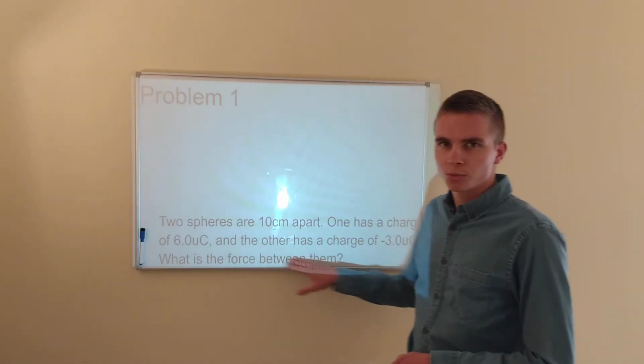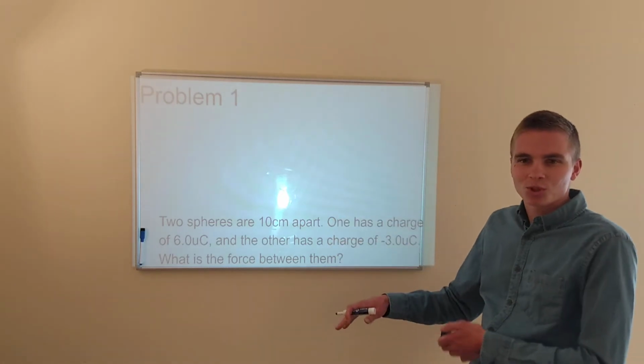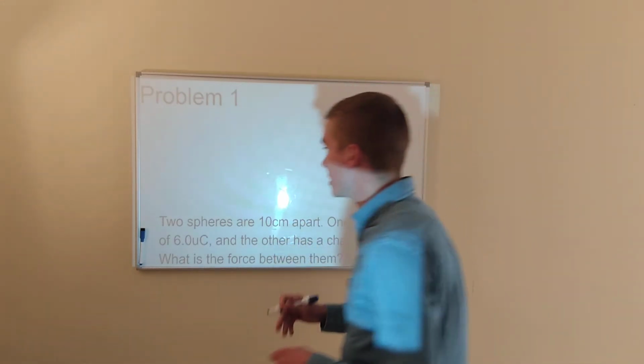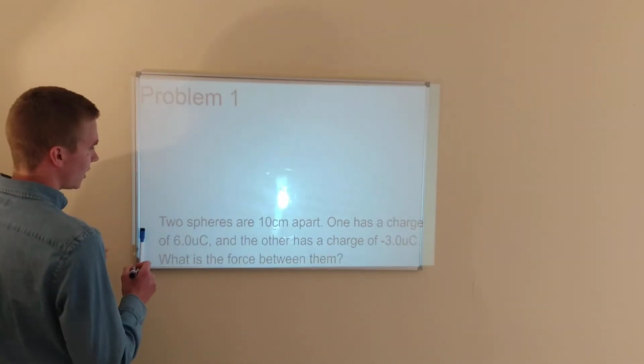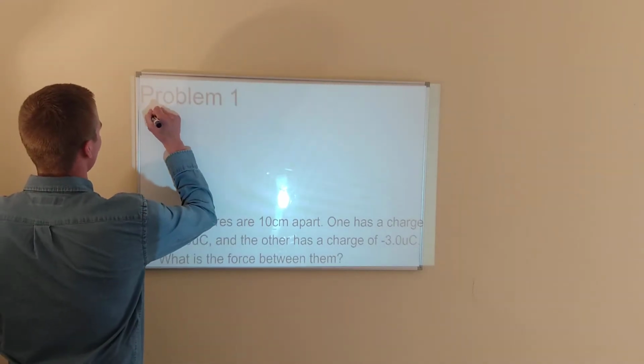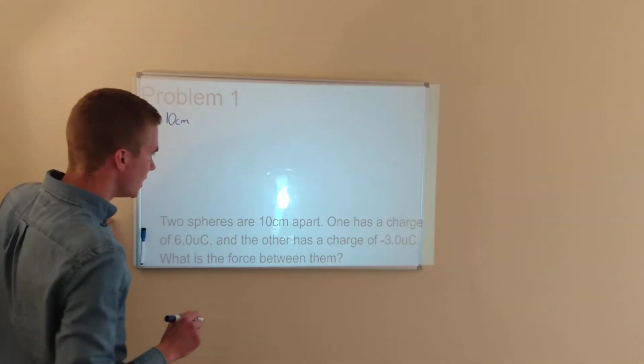What is the force between them? I put the question on the bottom to save a little bit of space. I'm going to go ahead and write my knowns. I can see that they're 10 centimeters apart, so R is going to be 10 centimeters, right?